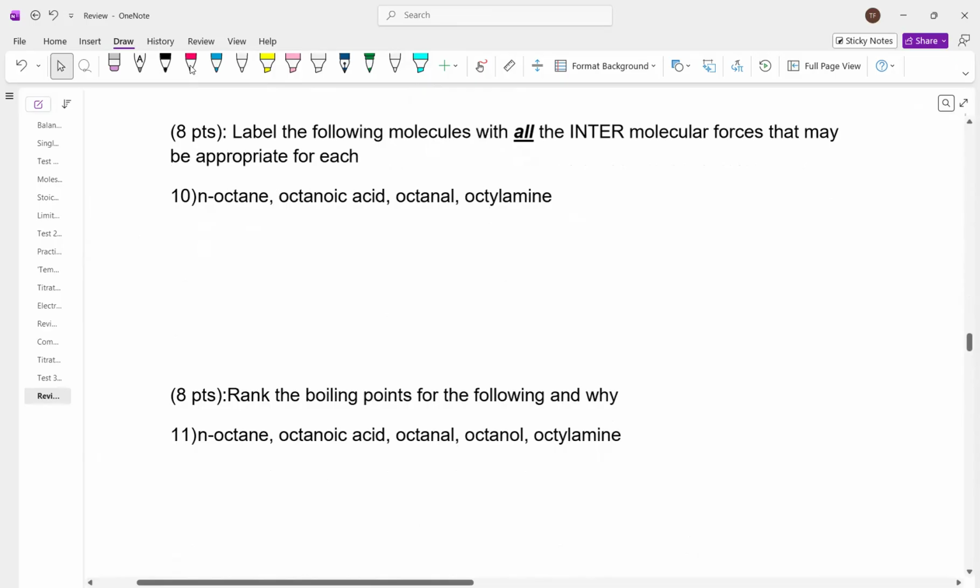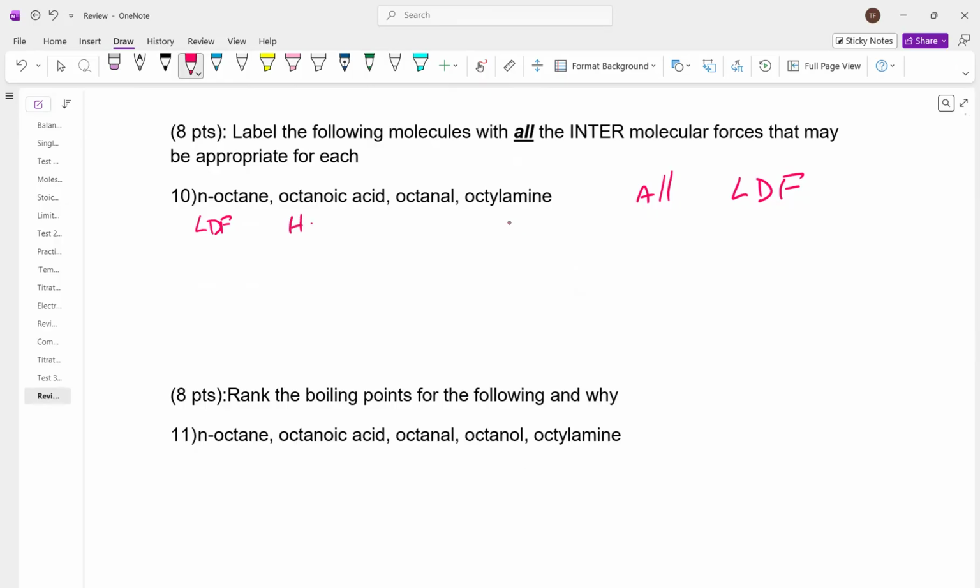Okay, looking at intermolecular forces. This question keeps coming up on every test. Okay, so we have, they all have London dispersion forces. So this one has only LDFs.